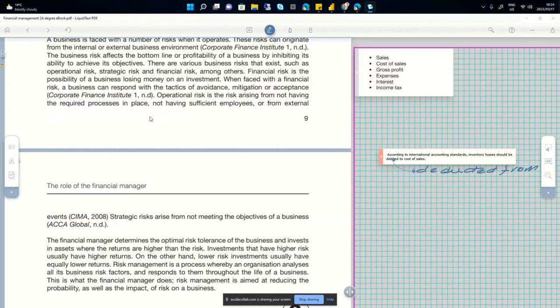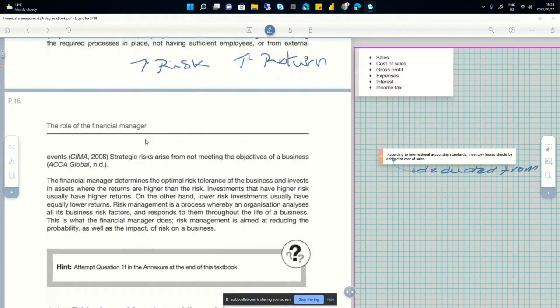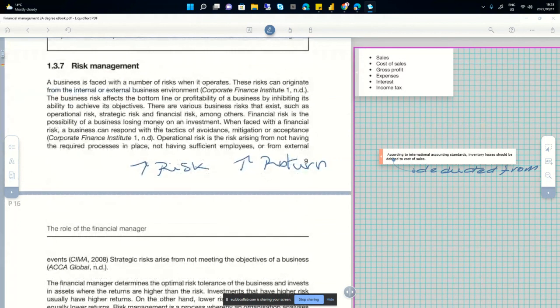The business that will have more risk will also have more return, and the businesses that are less risky also have quite a low return. So there is a risk, but it should be a calculated risk, as we love to say.